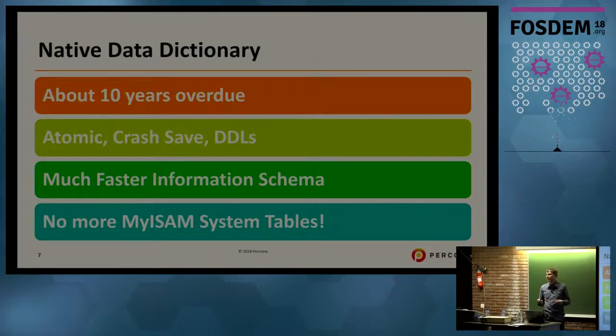For example, if MySQL crashed just around the time when you were doing an alter table, this data could be out of sync, and you would have a lot of fun manually recovering that. It also would not be quite atomic. If you do a single drop table or rename table, that would either succeed or fail unless you crash.